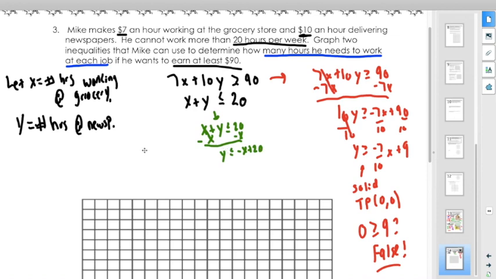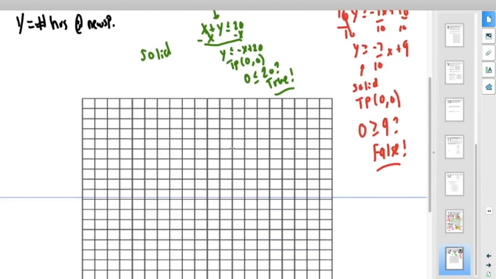This is also going to be a solid line, and a test point of 0, 0. So is 0 less than or equal to 20? Yep, true. Very true.